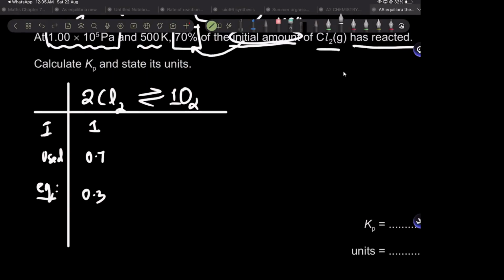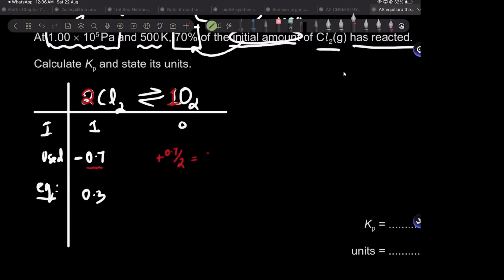Now think about it. If these many moles were used from here, how many moles of O2 should be formed on the right hand side? They were initially 0. The equation says that if 2 moles are used from here, 1 mole of this is formed. So if 0.7 are used from here, how many moles are going to be formed for O2? Half of that, right? So 0.7 divided by 2 is going to be formed here.